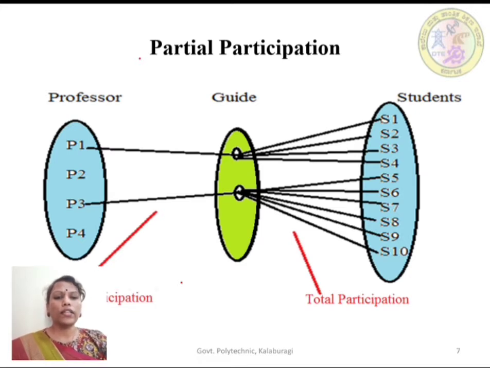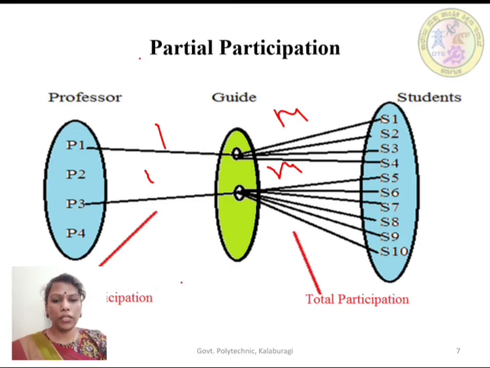And the student entity type has 10 students. P1 guides S1, S2, S3, S4. That means 1 is to n cardinality ratio. P3 guides 5 students. Here it is 1 is to m. Here also it is 1 is to m, right? The cardinality ratio is 1 to many.